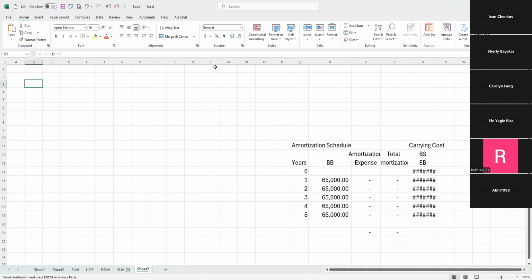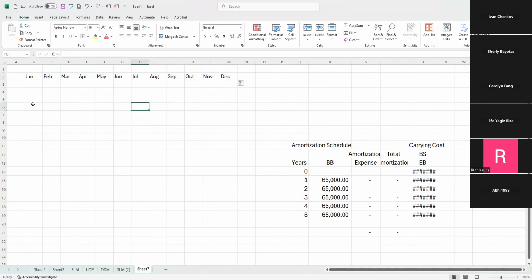You need to understand that we're going to have months: January, February, March, April, July, October, November, December.